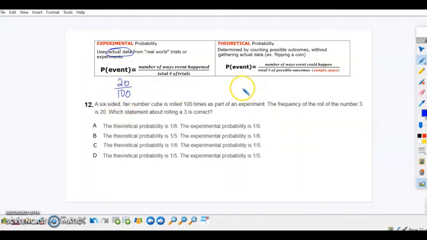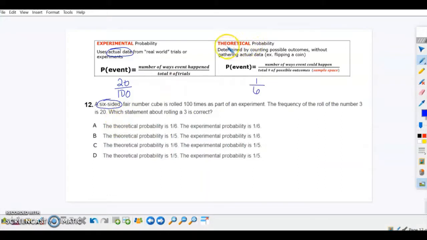Theoretically, if you roll a fair die 100 times, and there are 6 sides, and it's fair, that means they're all equally likely. That means that 1 out of every 6 theoretically should be a 3.